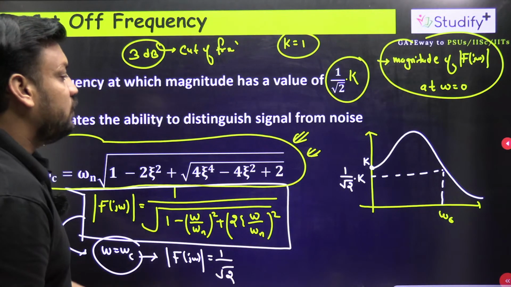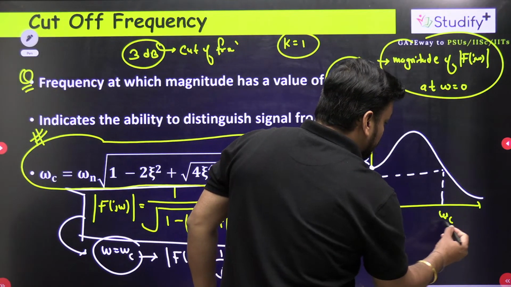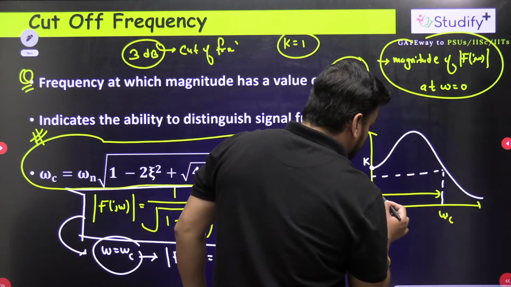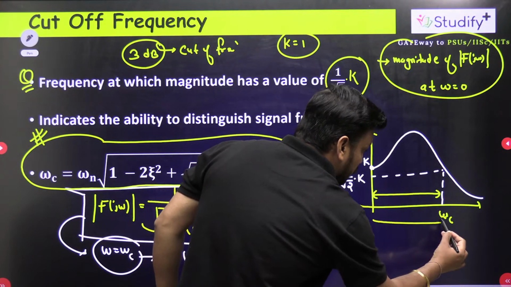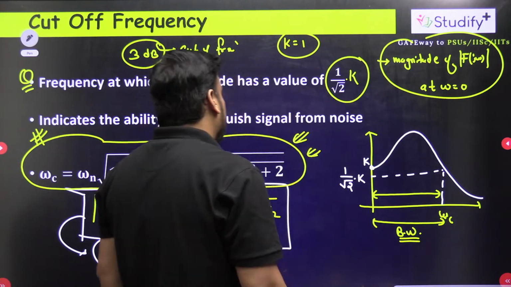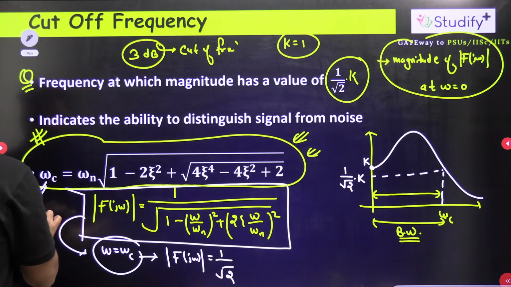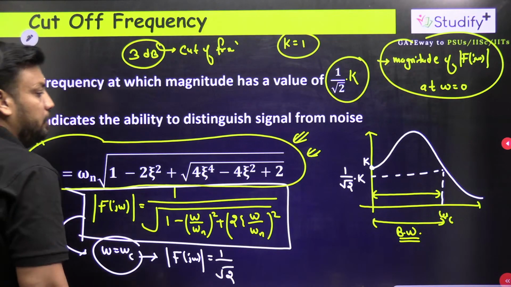And as far as a low pass filter is concerned, guys, this distance from 0 to omega c is also known as bandwidth. So for a second order low pass filter, this expression is also known as bandwidth. Okay, bandwidth.